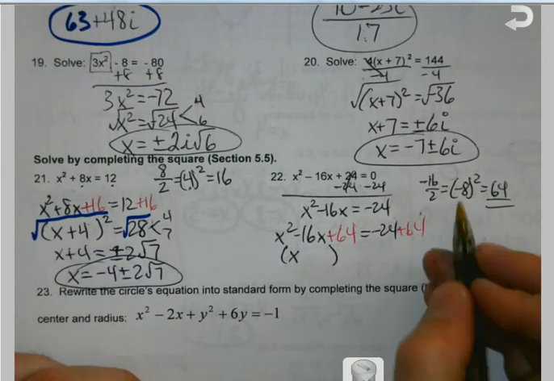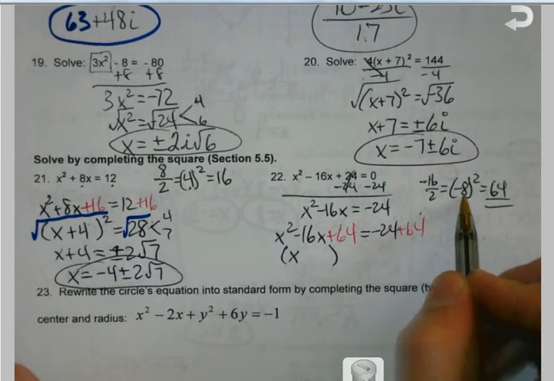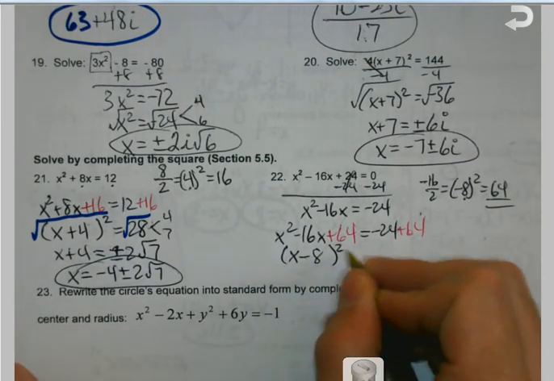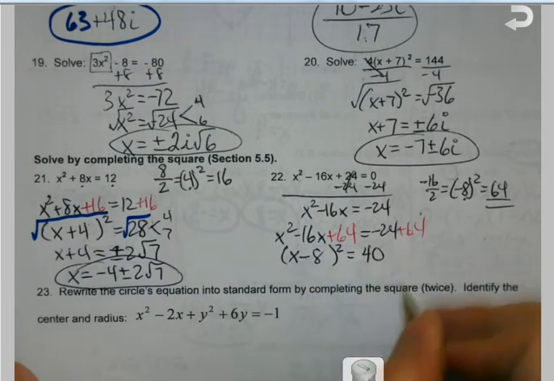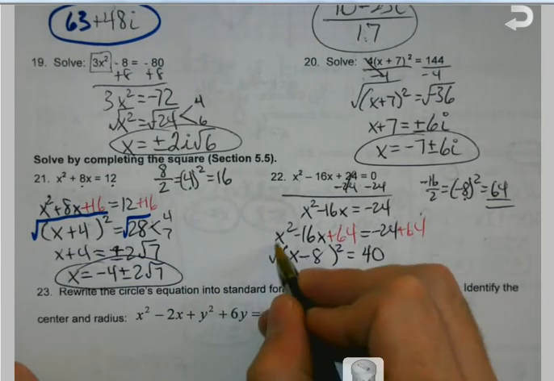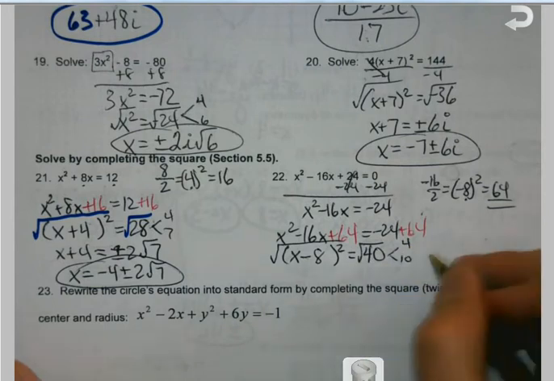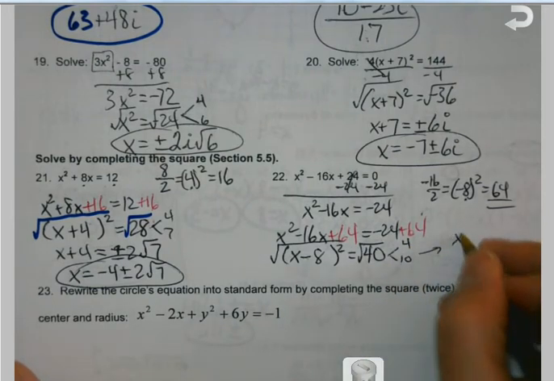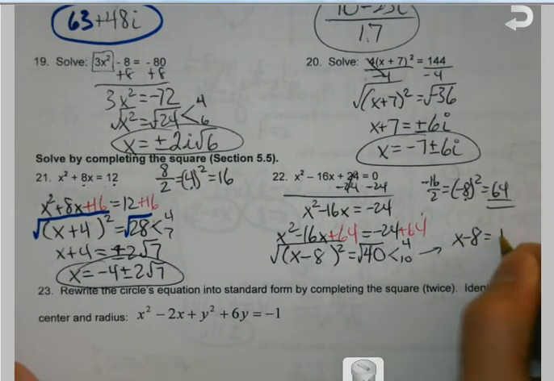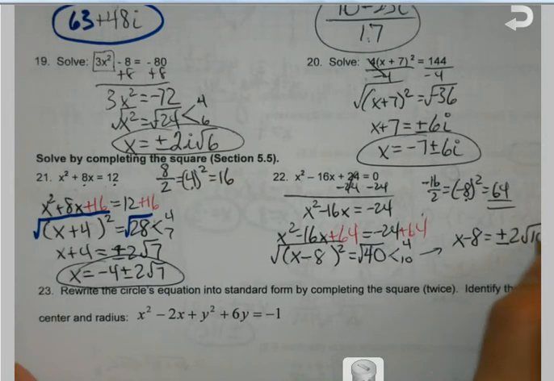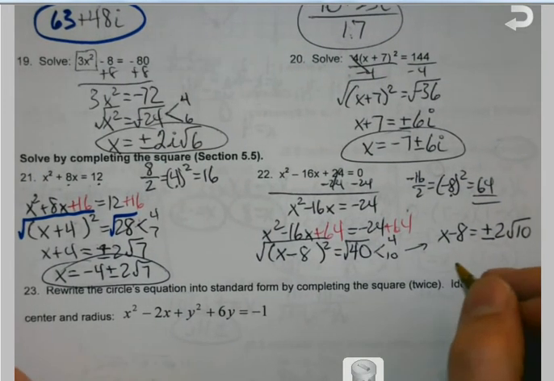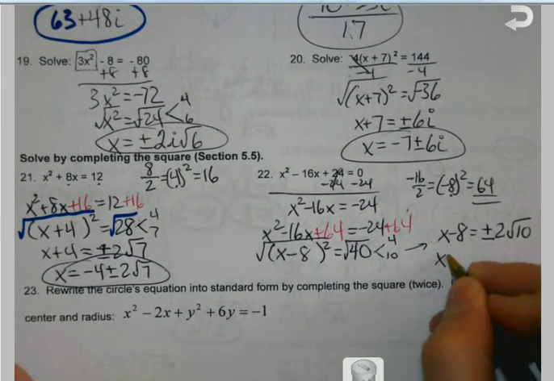Get my binomial from stealing my b divided by 2. And square root it. Get my breakdown here. Oops, a little off the screen. And add my 8 over.